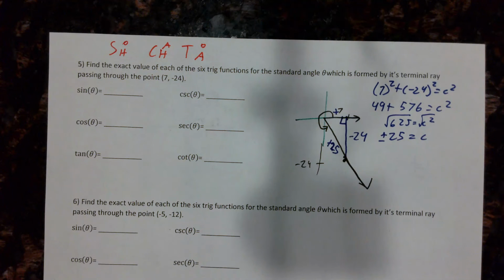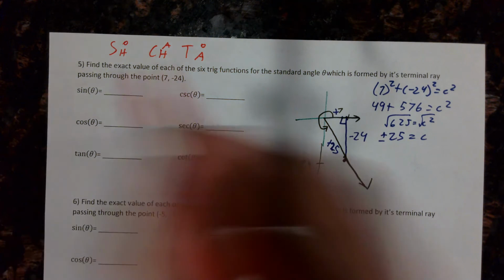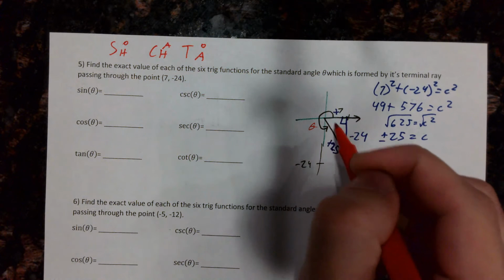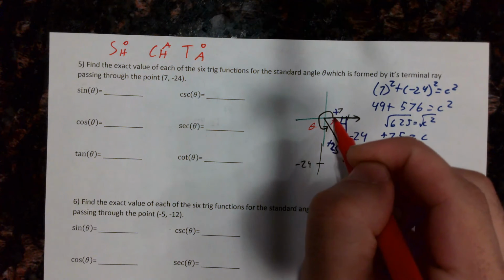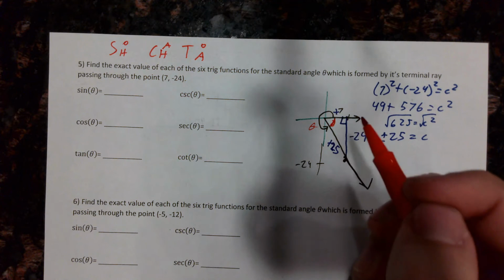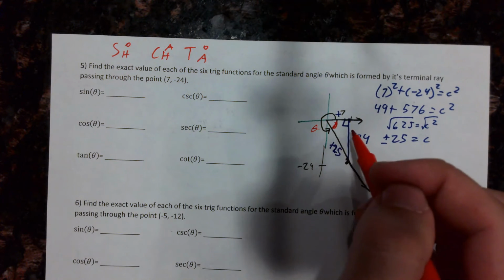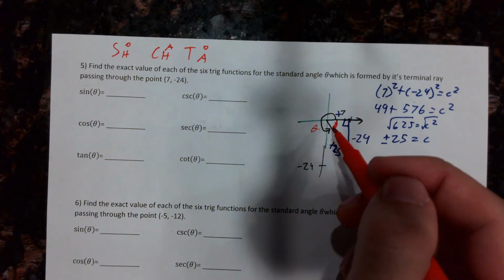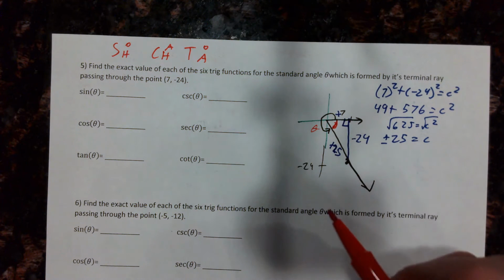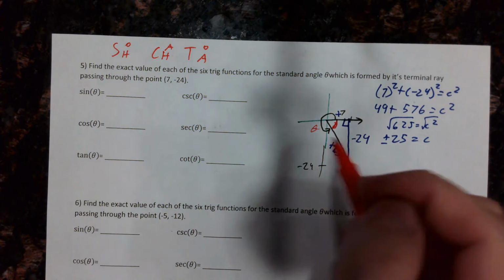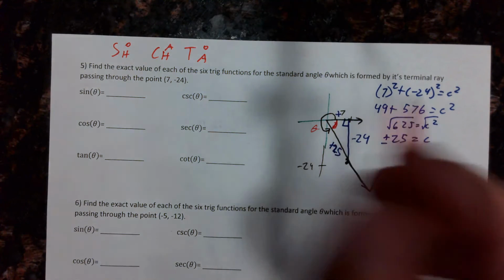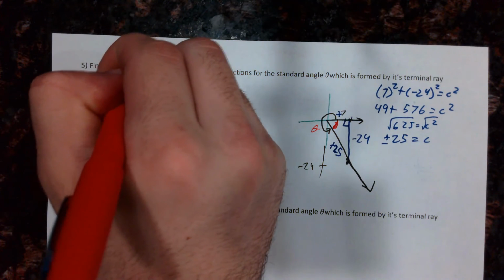So for the sine of this angle theta, we're using this reference triangle to help us out. I don't need the angle. The reason why I needed to know what this angle was before was to help me fill in my triangle. I know what the sides of my triangle were without needing that angle. So sine is just going to be opposite over hypotenuse, negative 24 over 25.